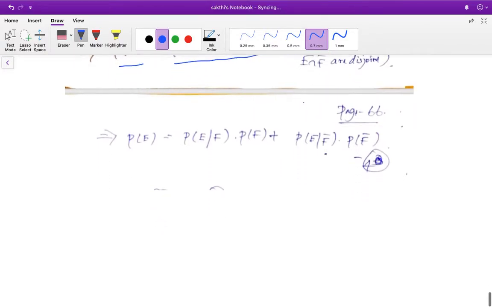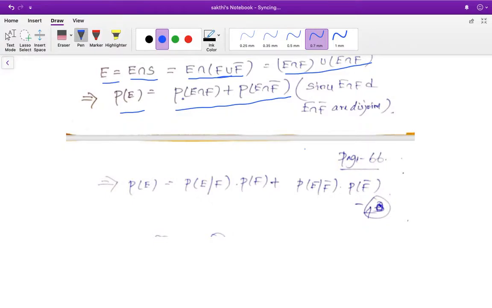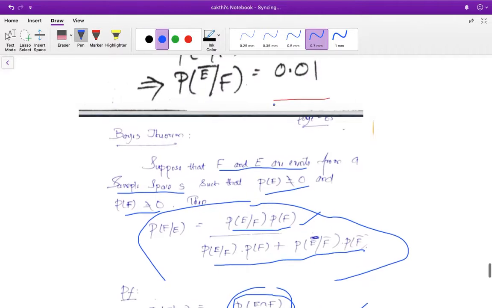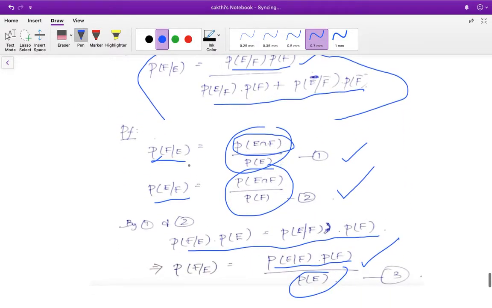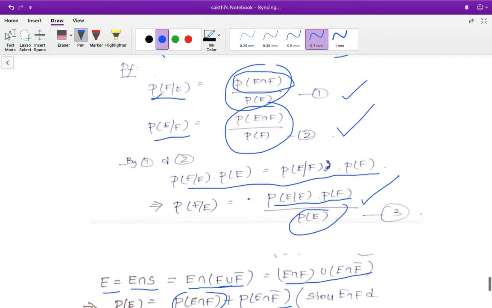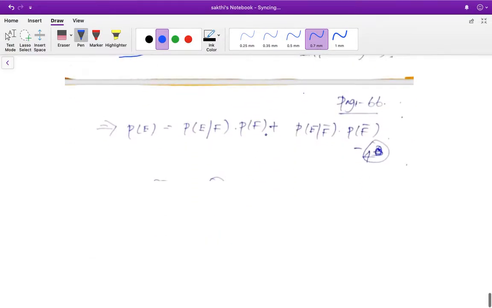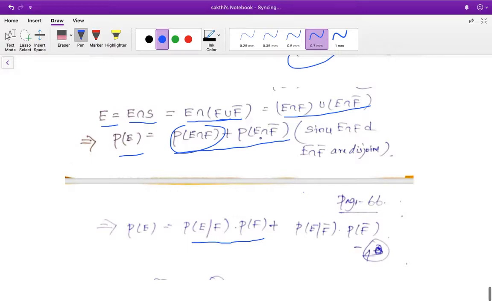Okay. So now, what is this P of E intersection F? We already know from equations 1 and 2, P of E intersection F is P of F given E multiplied by P of E, and P of E intersection F is also equal to P of E given F multiplied by P of F. So we will use that formula, that is P of E given F multiplied by P of F, and we need to find P of E intersection F bar, and that is nothing but P of E given F bar multiplied by P of F bar.